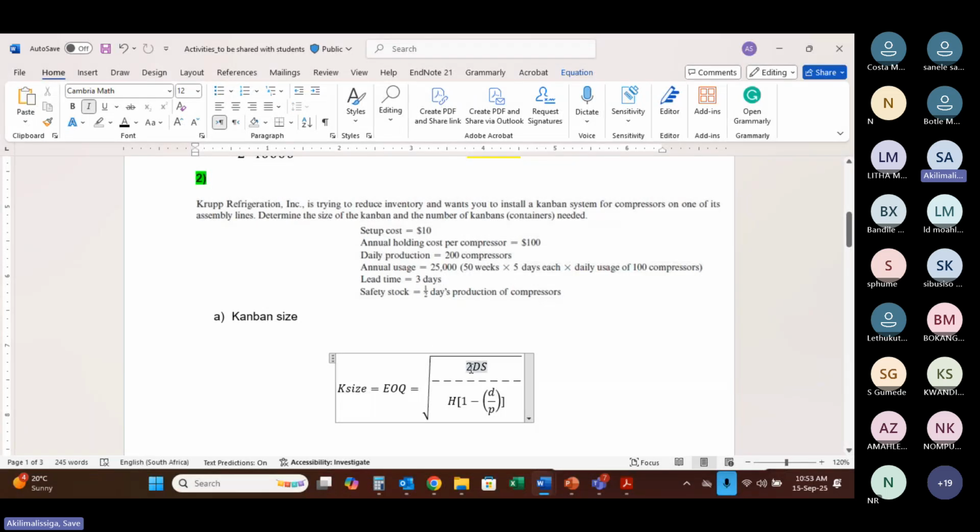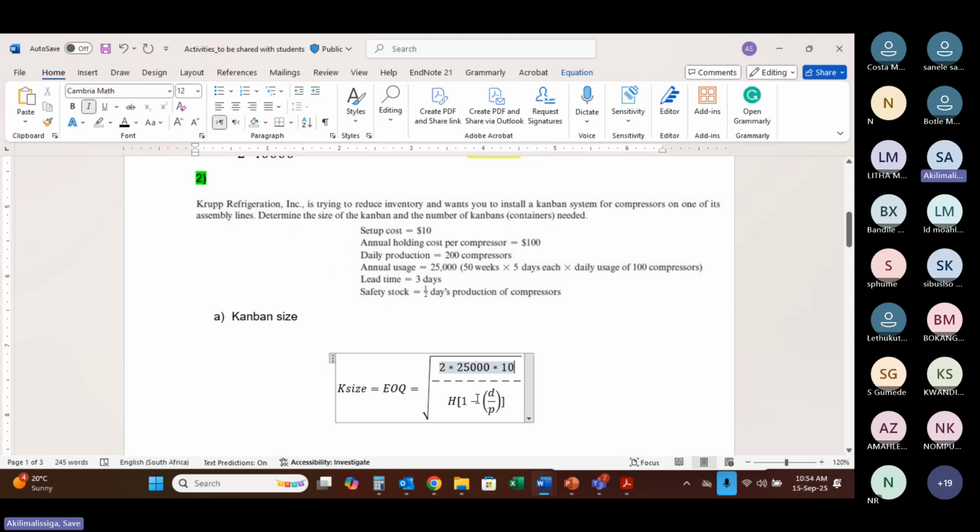So here is 2 times the demand. D is the annual demand, so the annual demand here is the annual usage, and that will be our annual demand. Here it is 25,000, multiplied by the setup cost. The setup cost here is 10.